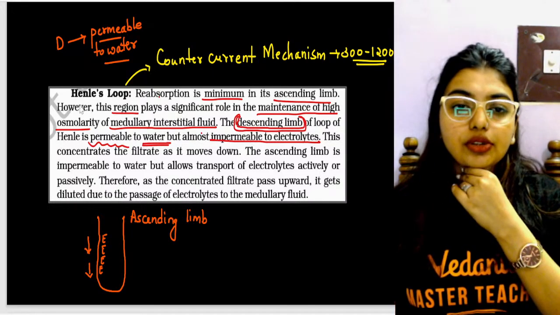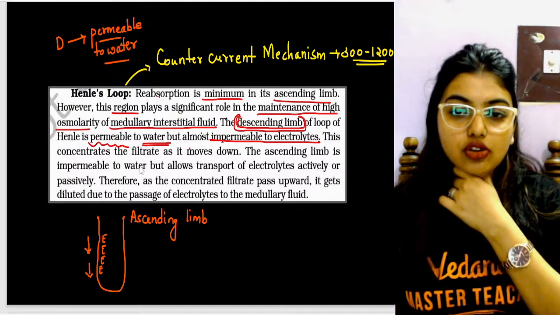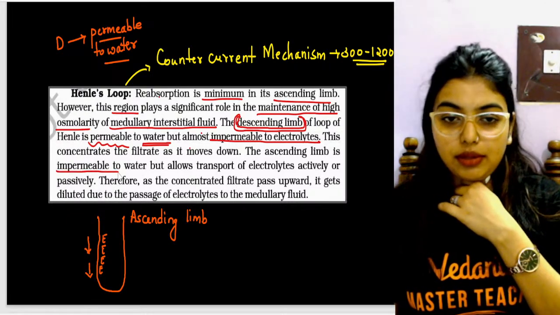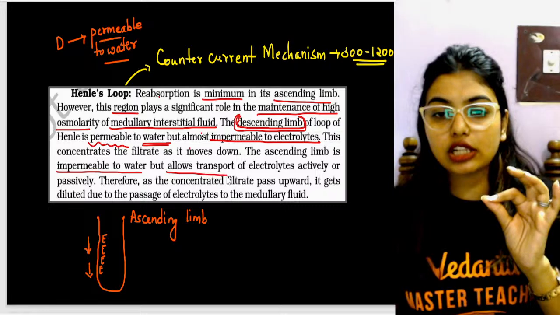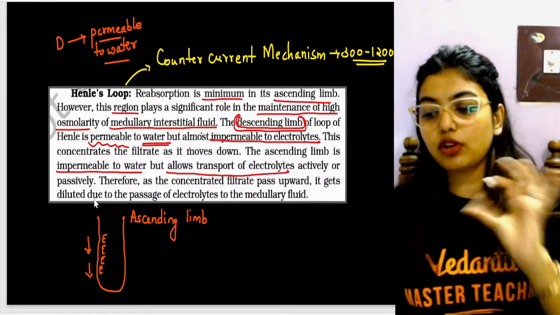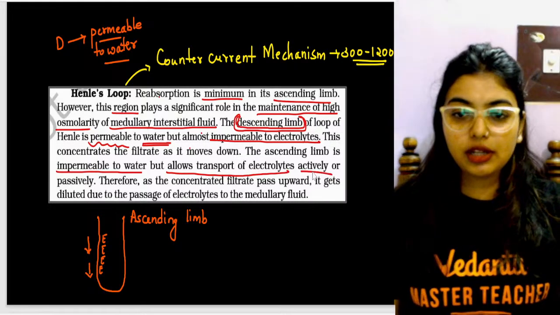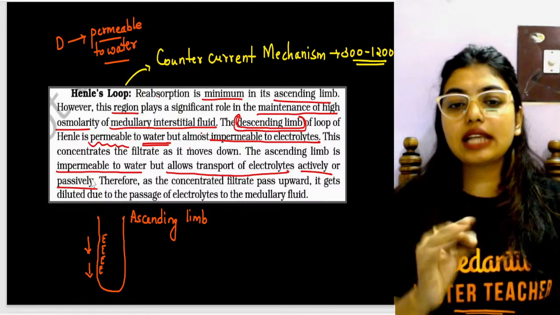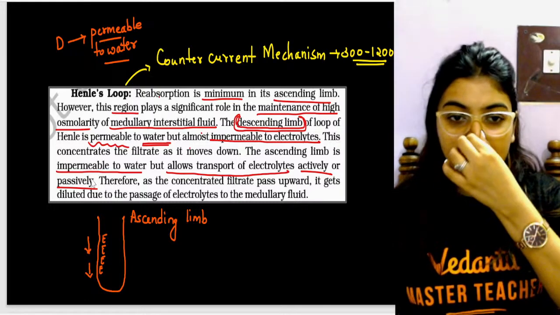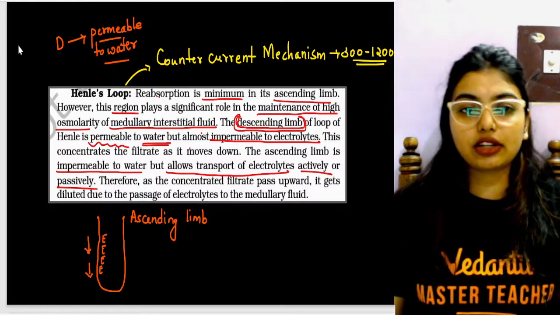The ascending limb is impermeable to water but allows transport of electrolyte actively or passively. Therefore, as the concentrated filtrate passes upward, it gets diluted due to the passage of electrolyte to the medullary fluid.